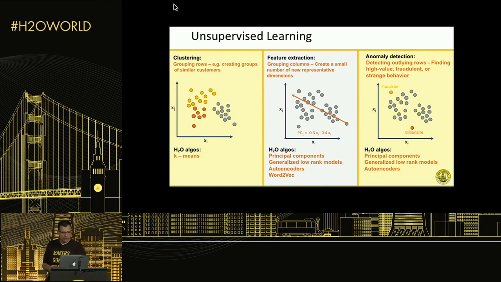Another way is feature extraction. You have a data set, maybe it's a very wide data set, and you don't want to use the wide data set for the GBM or some machine learning algorithm that's after that. You might want to compress the data set to just certain features, so you can use our principal components analysis. Or you have a text data set, and a text data set is not naturally understood by machine learning algorithms like GBM or GLM.